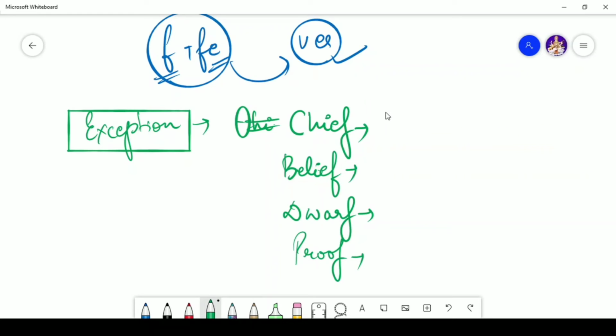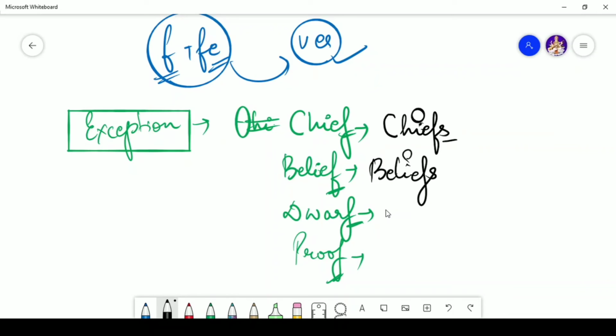Now in all of these cases you will think that these nouns have an ending with F, so you just have to use VES. But no, here the exceptional case says that in order to change them into the plural form, you just have to use S at the end of all of these nouns.